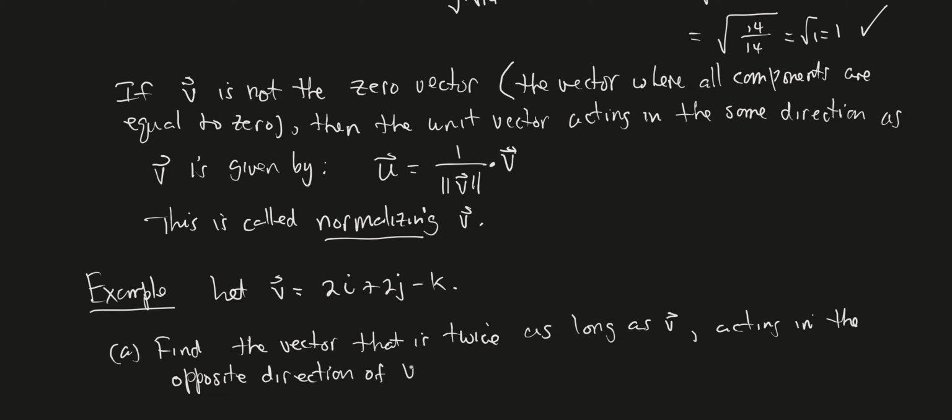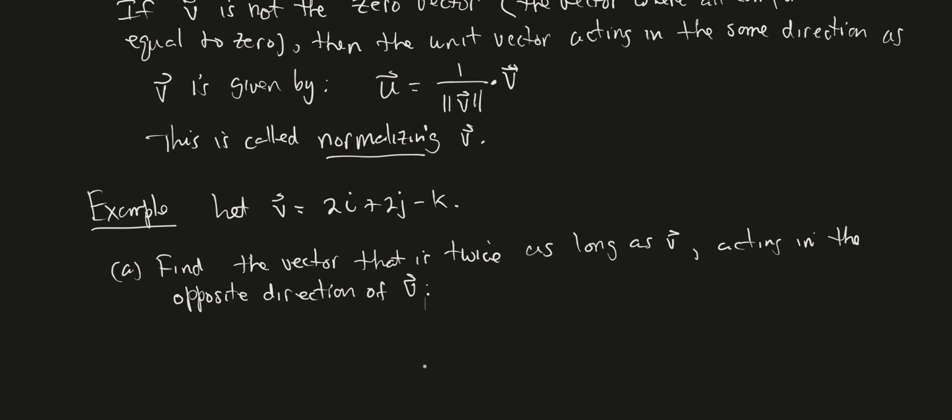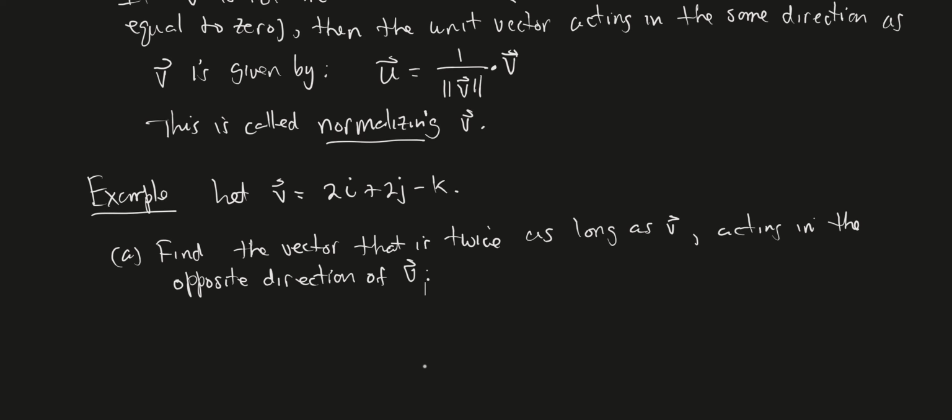Right? Well, how would we do that? Opposite direction, so we know that there's going to be a negative involved, and we want our new vector to be twice as long as this vector. So the answer really is given by negative 2v.